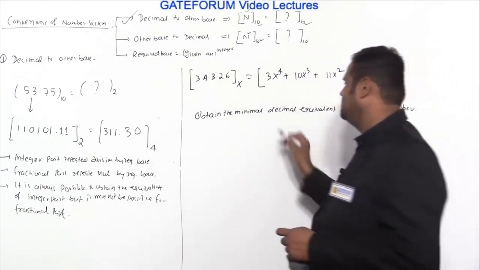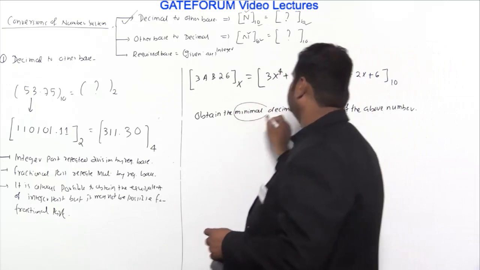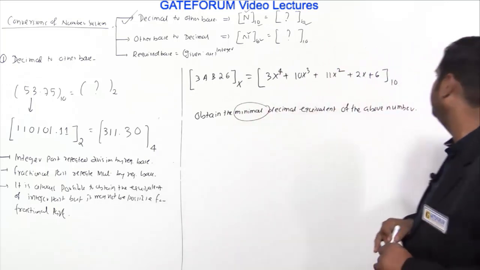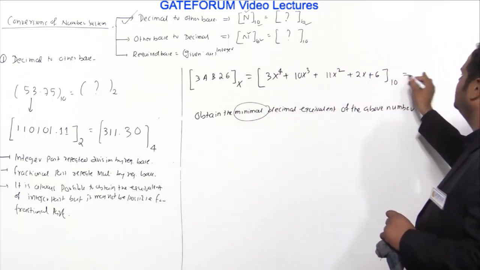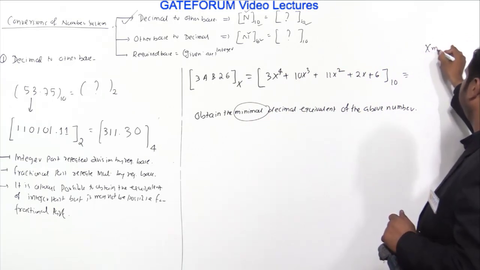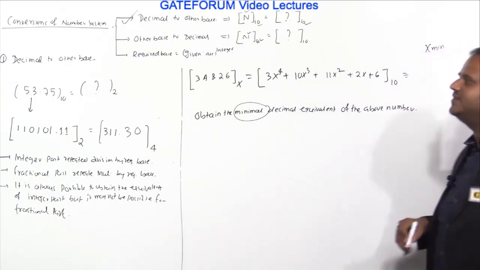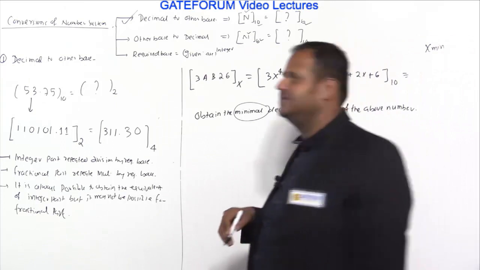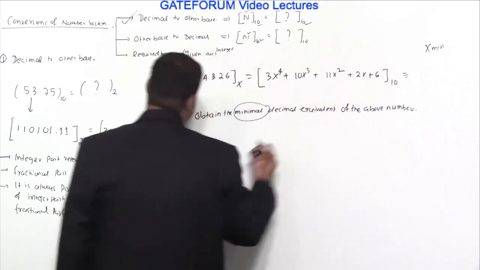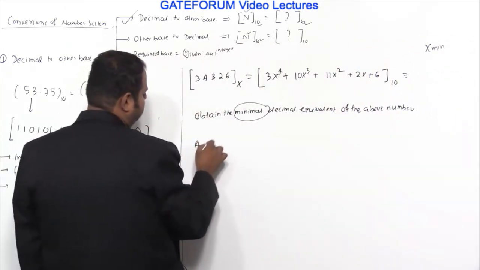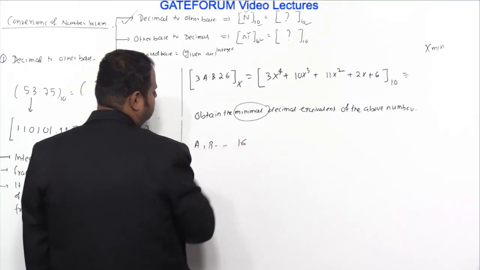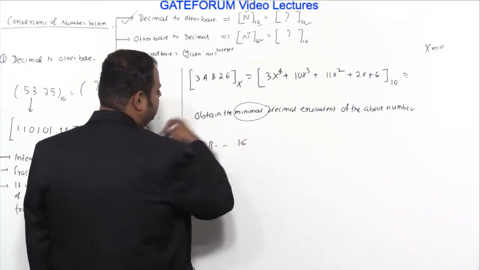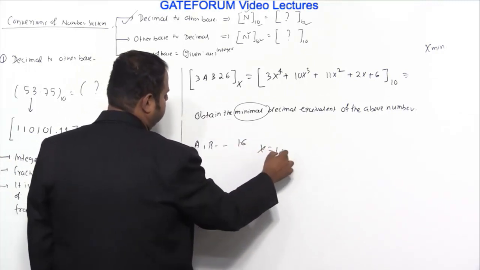Now the word minimal has been used. So one thing is very clear, if I need a minimum answer, then x should be minimum. Now the question is, what is the value of x I should take? Generally the common tendency of students is that A, B, C notation are used in base 16 number systems, so I should evaluate this entire expression using x equals 16, which is wrong.